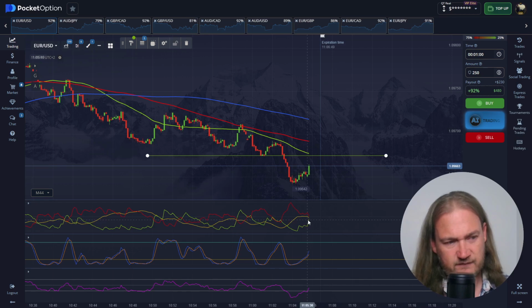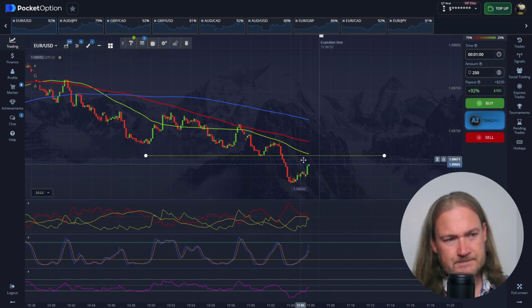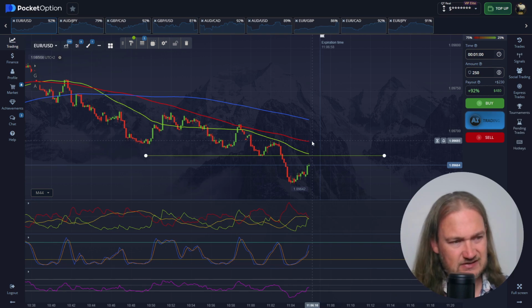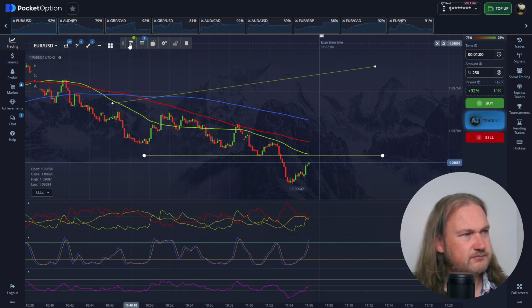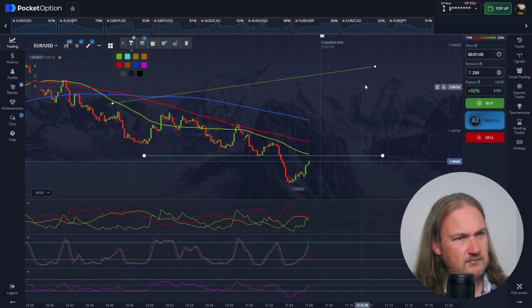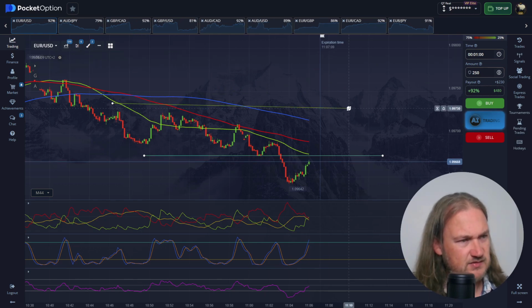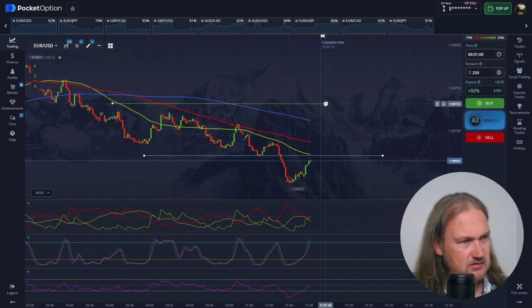I might also get a very sharp DI spike. Price could push through to this area here, so tap the 100. Suppose it does push back.